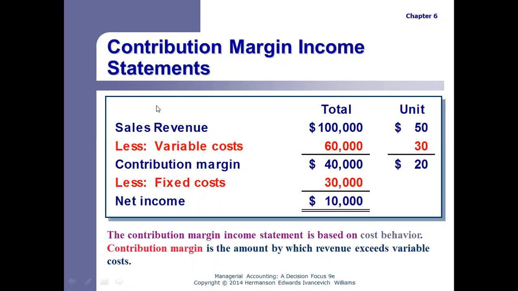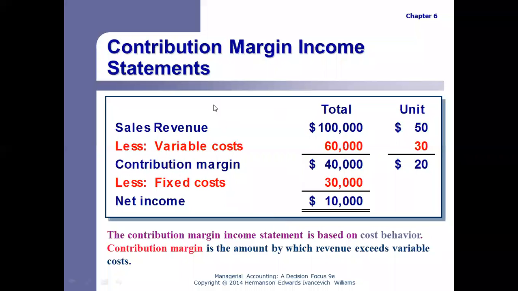But in this case, instead of subtracting cost of goods sold to get gross profit, we subtract all of our variable costs to get contribution margin, then we subtract all of our fixed costs to get net income. It's the same information as a traditional income statement. It's just the structure that is different.